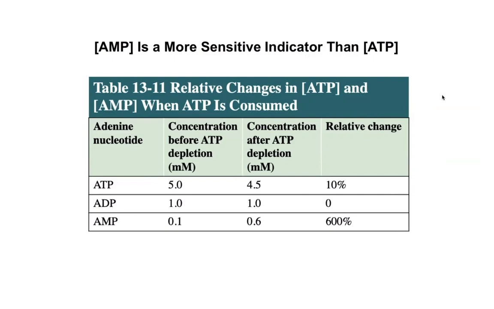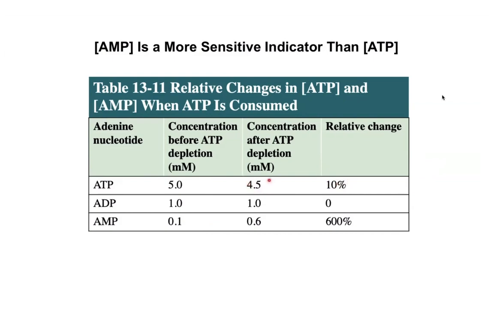Basically, because we keep the concentration of ATP so high, small changes in it aren't going to have a big relative change. So if we start with a concentration of ATP of 5 millimolar, and then we use up 0.5 millimolar, that would be a 10% relative change.